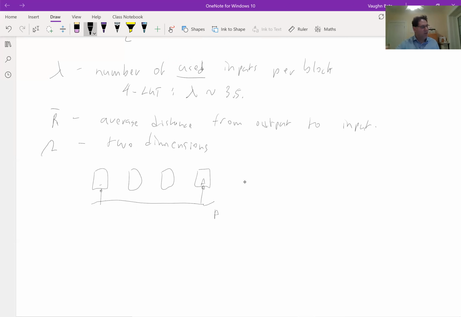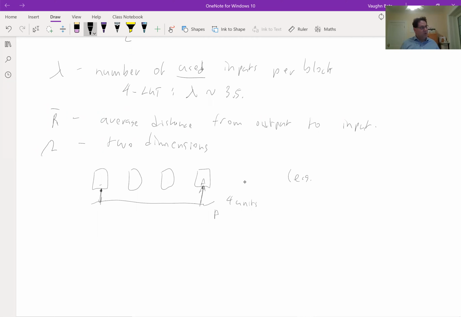If some of my connections wanted to connect blocks 3 away, half of them wanted to connect blocks that are 3 units apart, and half wanted to connect blocks 5 units apart, R bar is still 4. Okay, so the average distance that we want to go from the output of some block to the input of where it's trying to go to. Okay, so there'll be a whole range of that in an actual implemented design, but the average matters a lot.